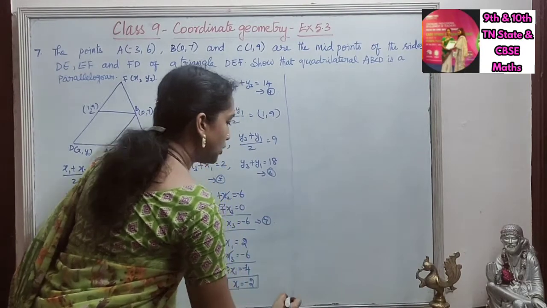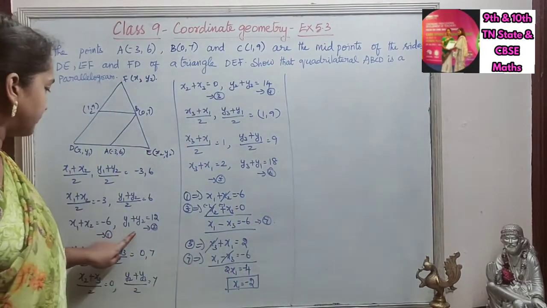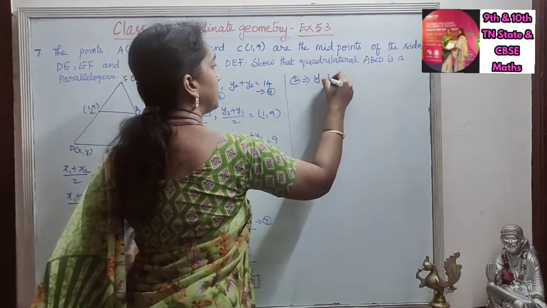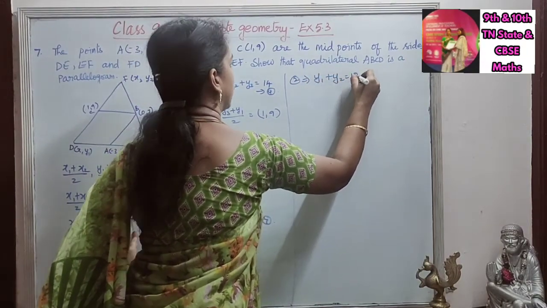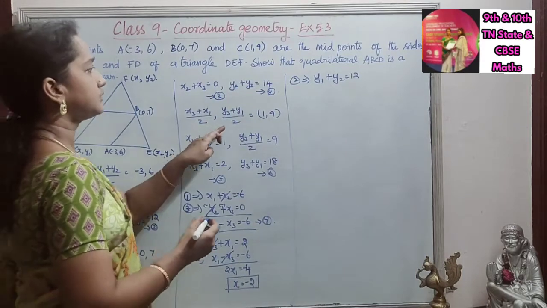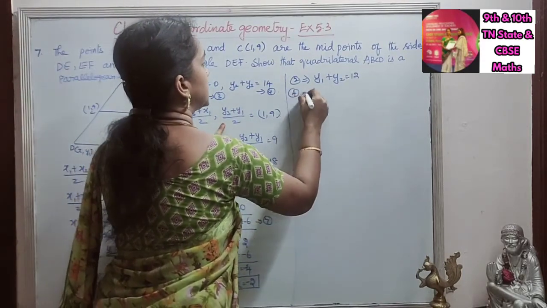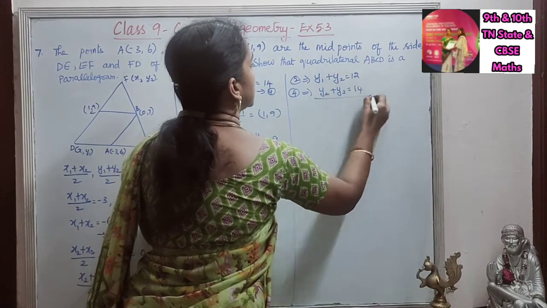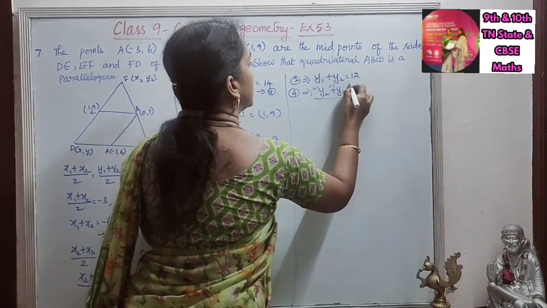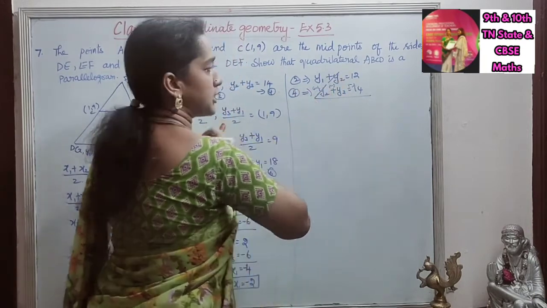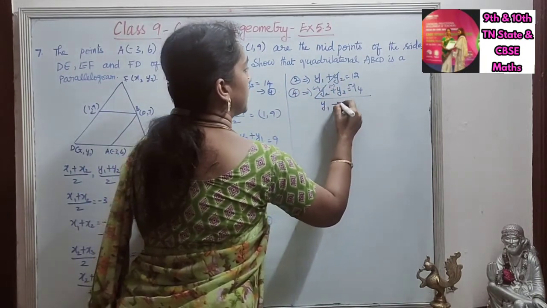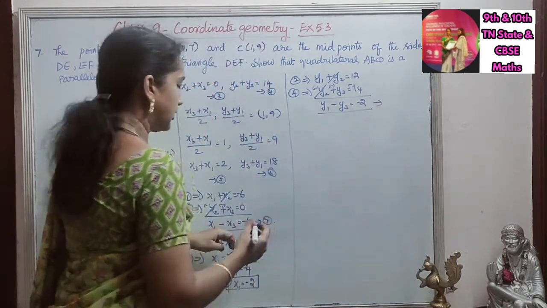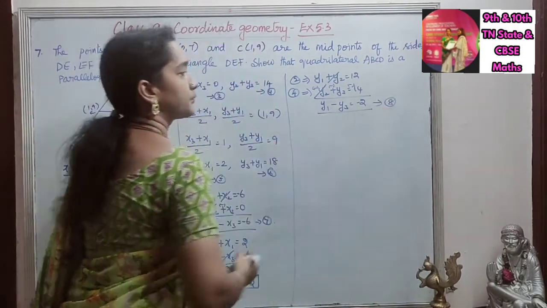Now we will find the y1 value the same way. The second equation is y1 plus y2 is equal to 12. Then the fourth equation is y2 plus y3 is equal to 14. When we subtract these two equations, plus y2 minus y2 will get cancelled. So y1 minus y3 is equal to minus 2 we got. So this one is the 8th equation.